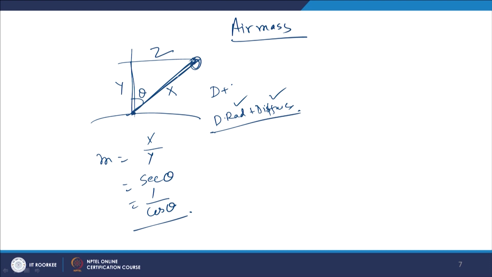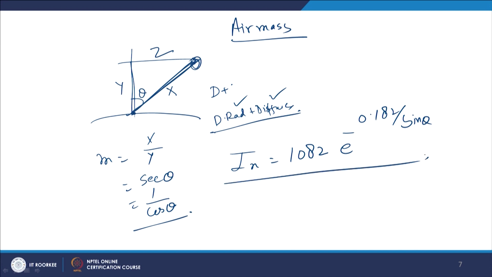Due to this angle, further attenuation in the radiation takes place, and the intensity reduces to 1082 e raised to power minus 0.182 divided by sin theta. This is the formula of attenuation of radiation with the angle theta.